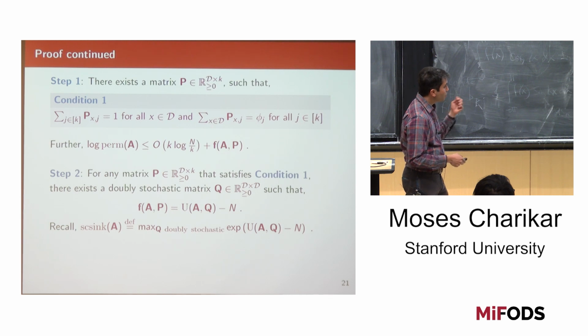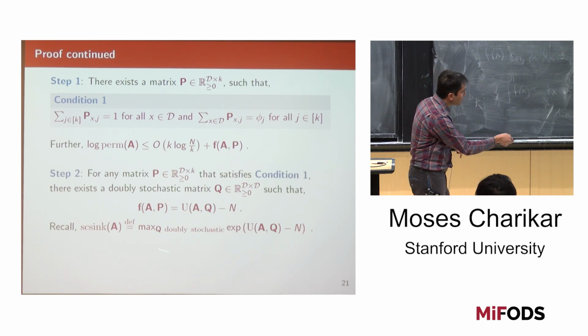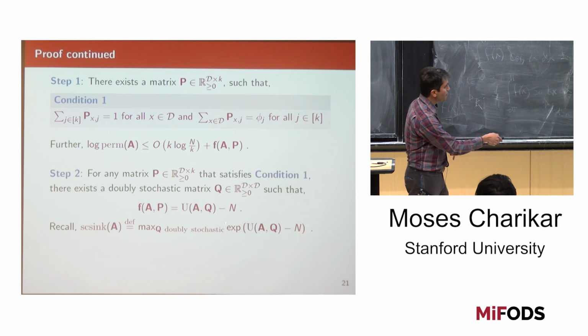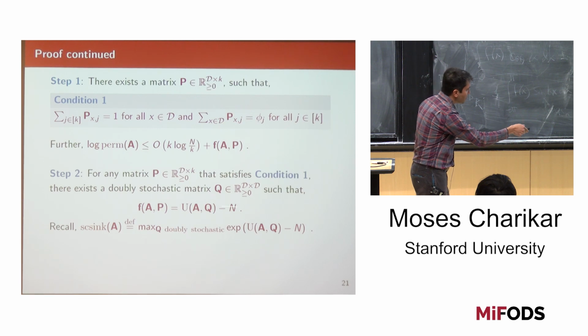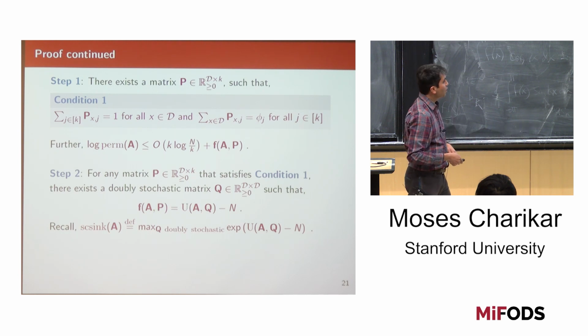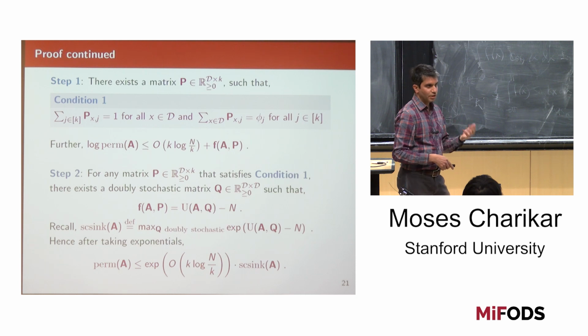We need to define a suitable matrix P that has these row sums and column sums. And that's the one that guarantees that, so remember the scaled Sinkhorn is a maximization problem over all doubly stochastic matrices of this quantity, right? What we're going to do is exhibit a particular doubly stochastic matrix that we can plug in here, okay? And that's what gives us the bound.